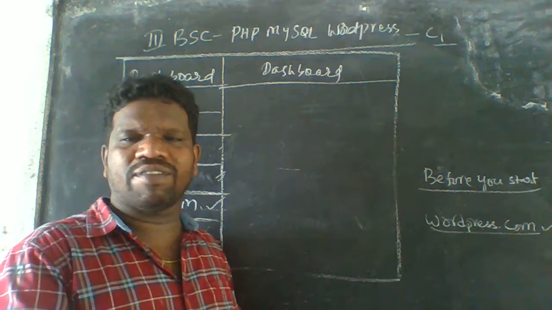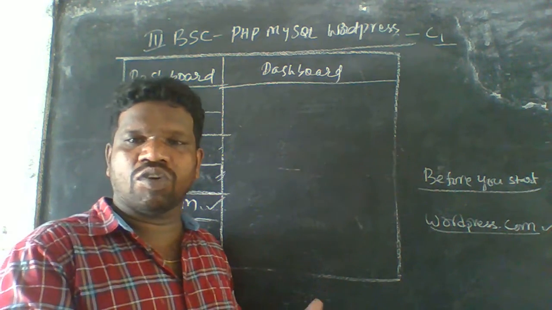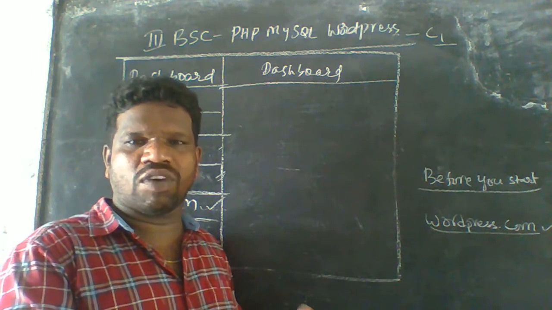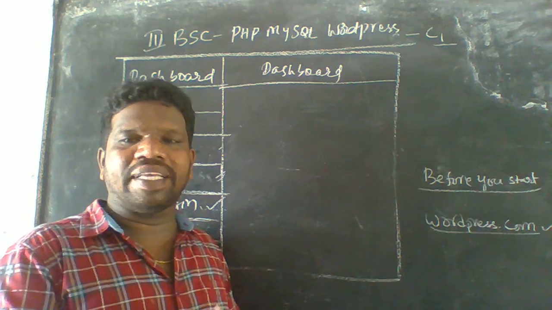So for that purpose we have to see this. You cannot install plugins on WordPress.com because they are already installed, unless you upgrade to their business plans.